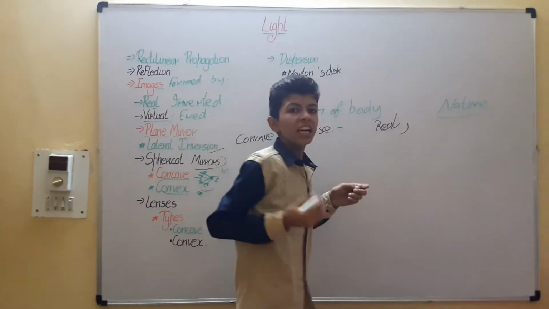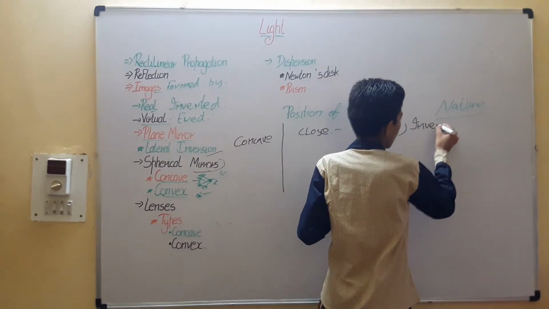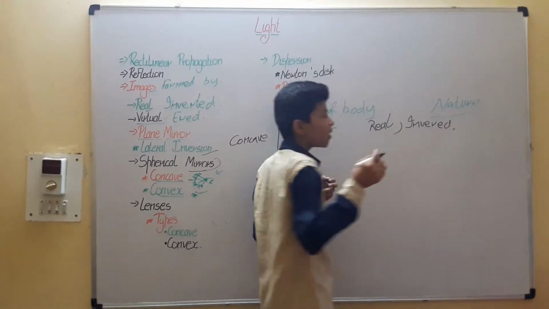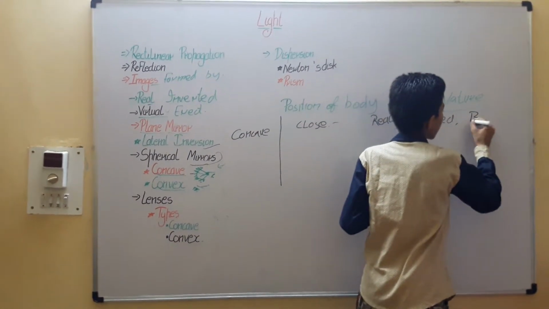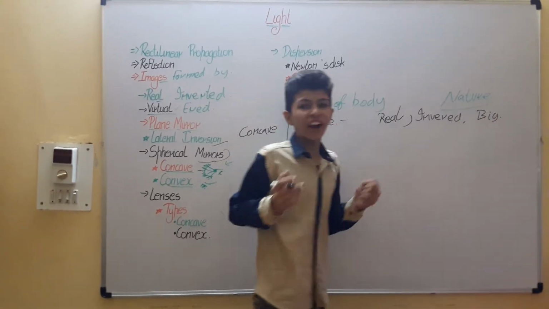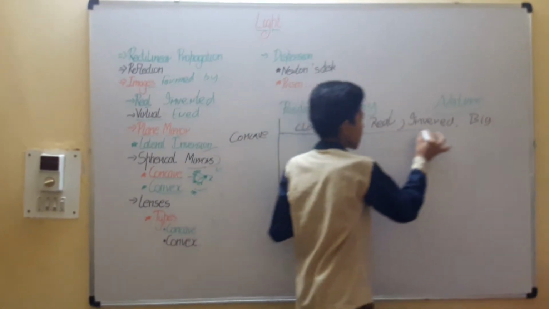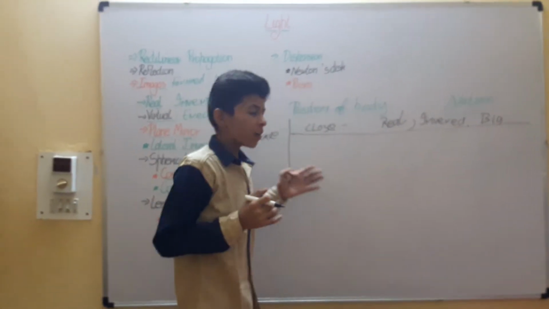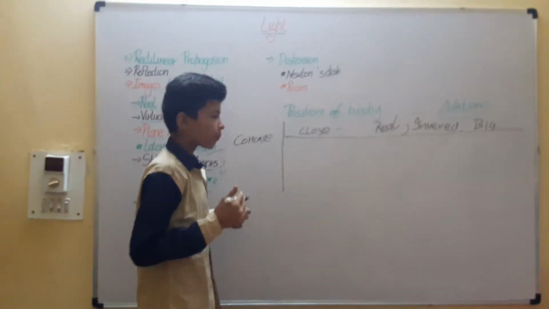When it is a real image, it would always be an inverted image. And one more characteristic of this image is that it is big, or magnified, in the size of the image compared to the body.